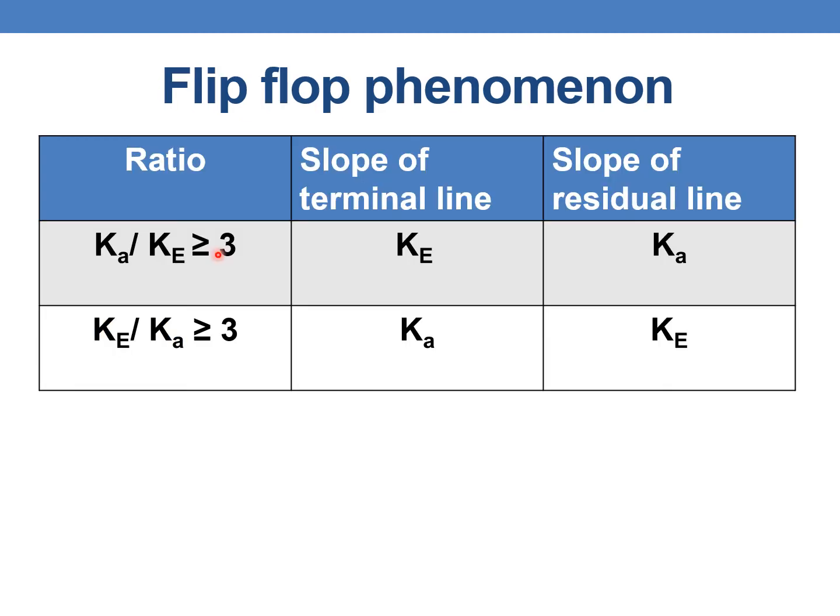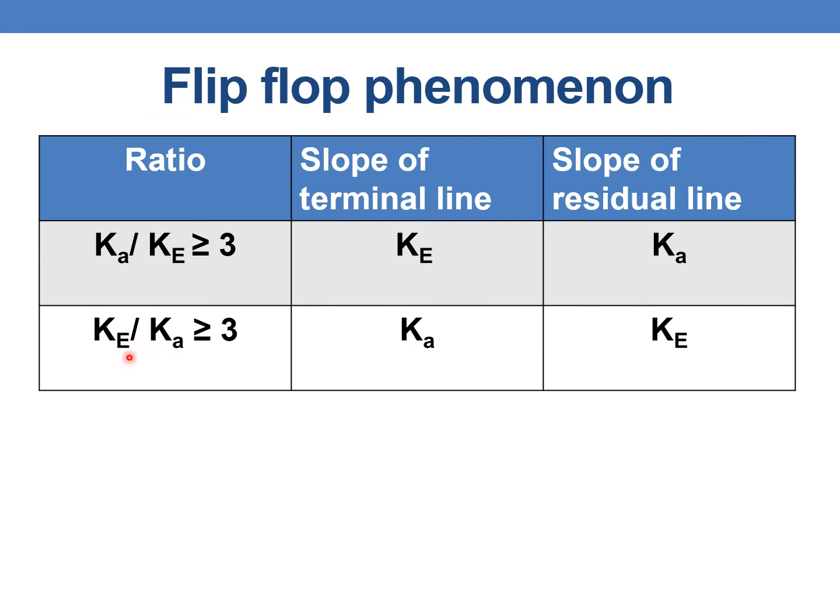So this is the overall table. Usually Ka will be larger than Ke, so Ka by Ke is greater than or equal to 3. This is the regular case. Whenever this applies, the slope of the terminal line yields Ke and the slope of the residual line yields Ka. But in some cases, such as isoprenaline, the elimination rate constant is much larger than the absorption rate constant.